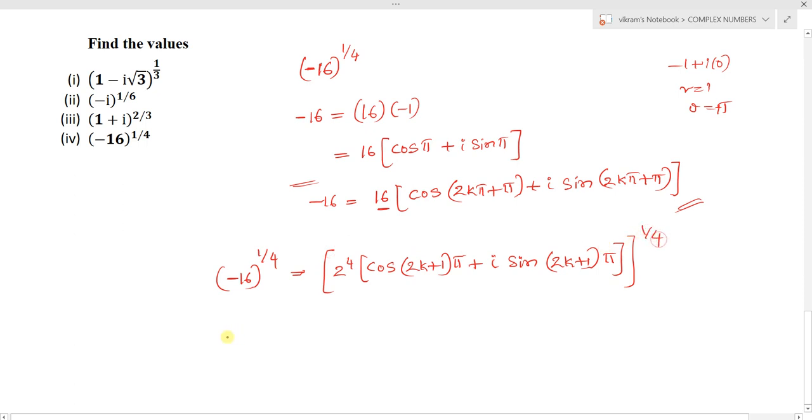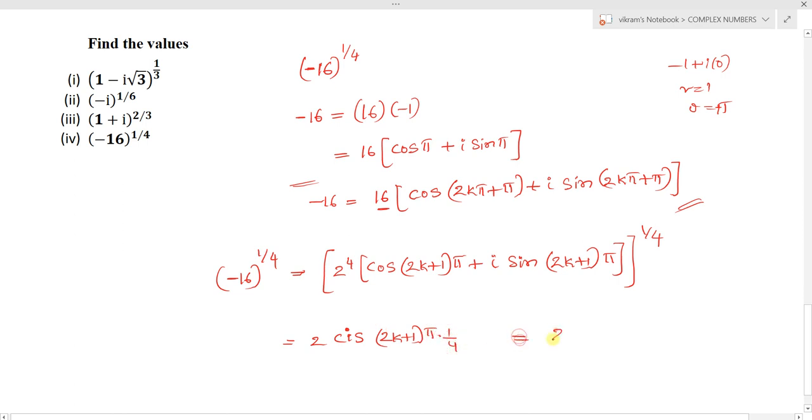Now if we apply De Moivre's theorem, then we can write this as 2 into cos theta plus i sin theta, which is cis of (2k plus 1) pi, to the power 1 by 4.